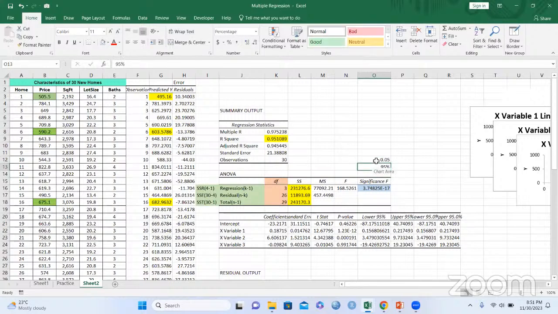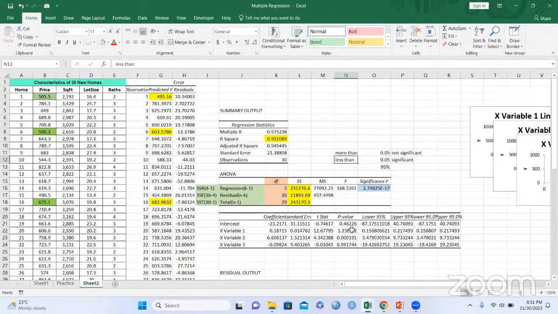If it is anything less than 0.05, we feel that it is significant. If it is more than 0.05, we feel that it is not significant, right?